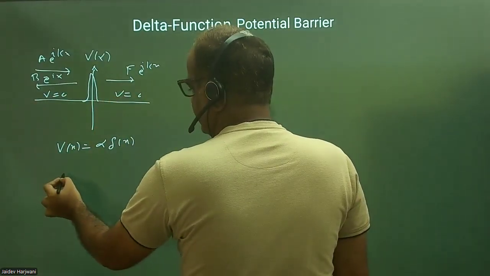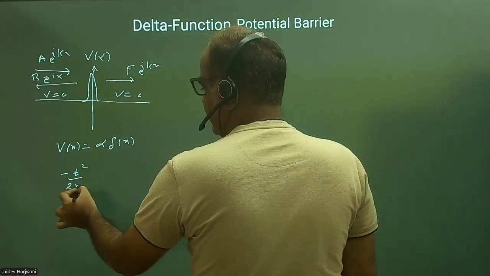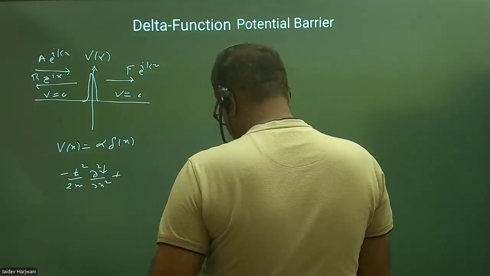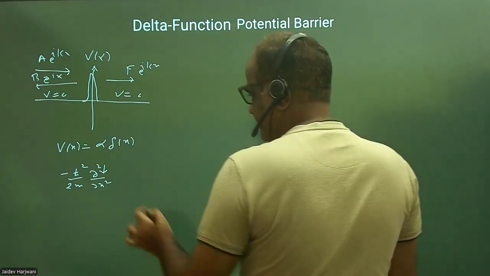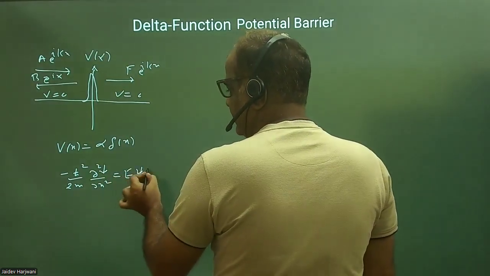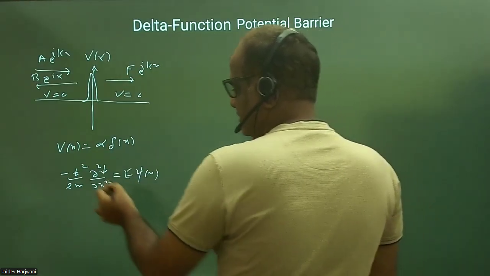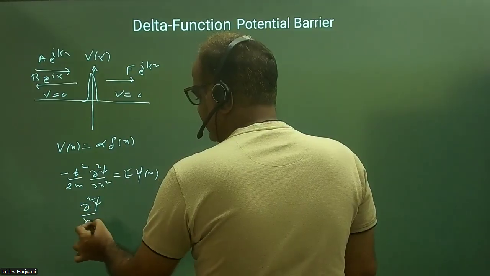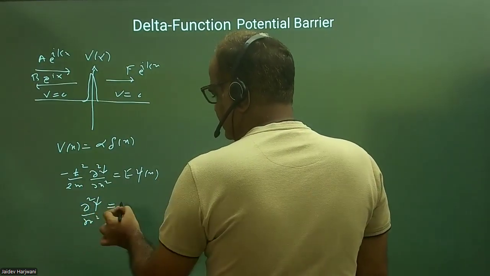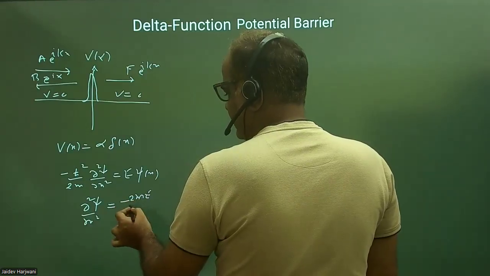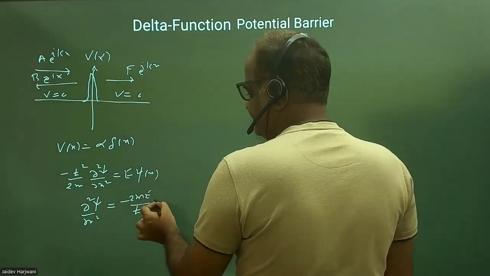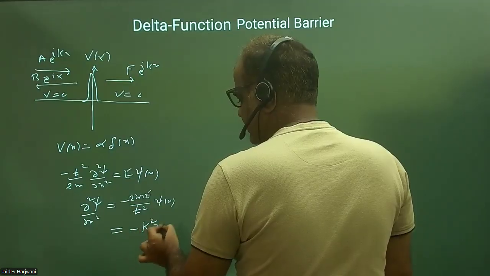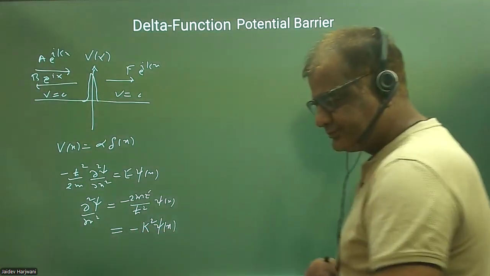So the Schrödinger equation becomes minus h-cut squared over 2m, d²psi over dx², equal to E psi(x), since V is 0. If I write this, d²psi over dx² equals minus 2mE over h-cut squared psi(x), which is equal to minus k² psi(x).